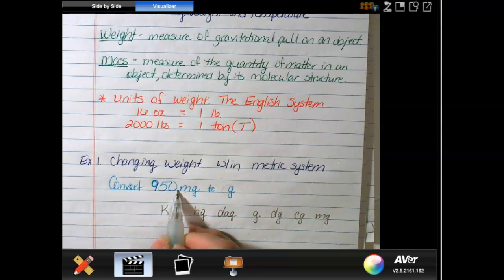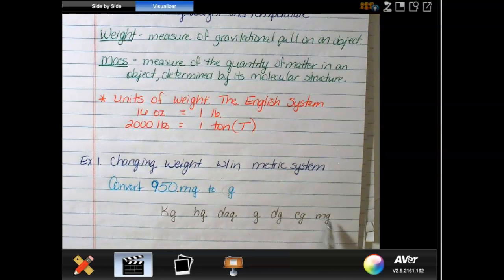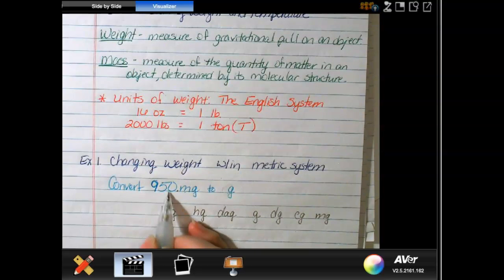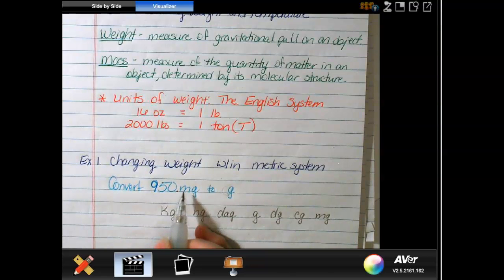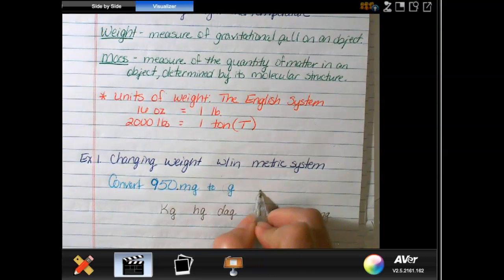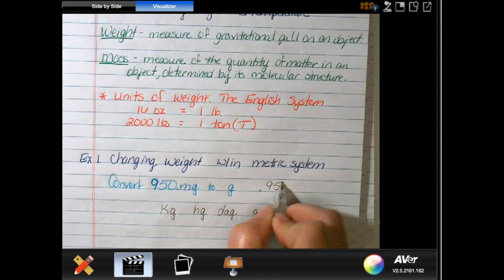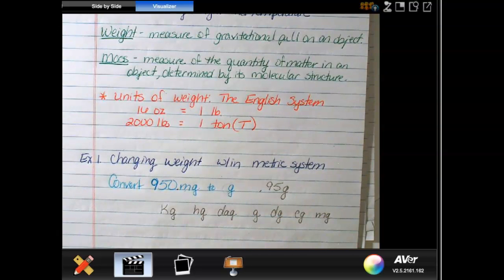My decimal is understood to be right here. So I'm going 1, 2, 3 times. So 950 milligrams is going to be 0.95 grams. And you could leave a 0 on the end of it if you wanted to, but it's not needed.